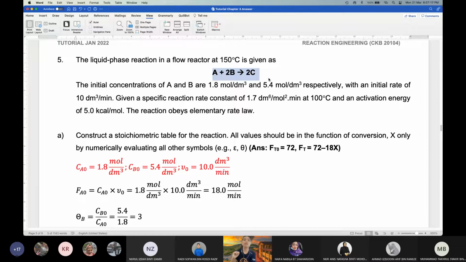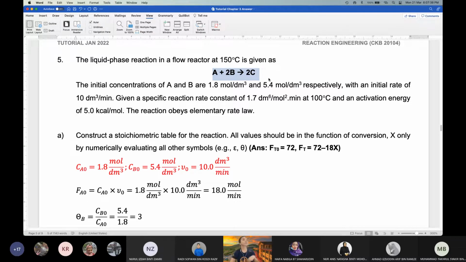Or more exact, kamu kena tahu dulu initial molar flow rate of A, FA0. Kalau tadi batch reactor, kamu kena cari NA0 dulu. Tak ada NA0, tak boleh buat table. Kalau flow reactor, kalau tak ada FA0, kamu tak boleh buat table. So make sure you know table tu mesti tahu FA0 baru start buat table. Tak diberi, you cannot start.